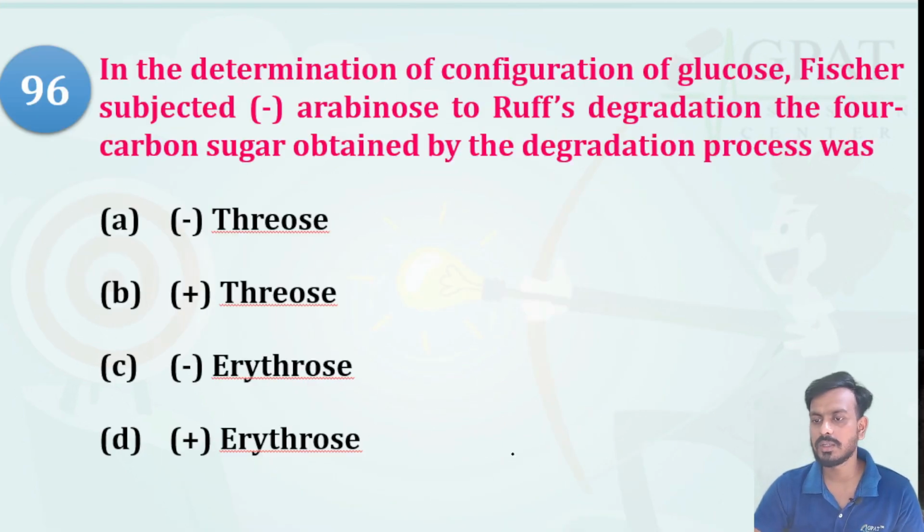In the determination of the configuration of glucose, Fischer subjected arabinose to Ruff degradation, and the 4-carbon sugar obtained by the degradation is erythrose. Whether it is a D isomer or L isomer, if you see, you will get this isomer.